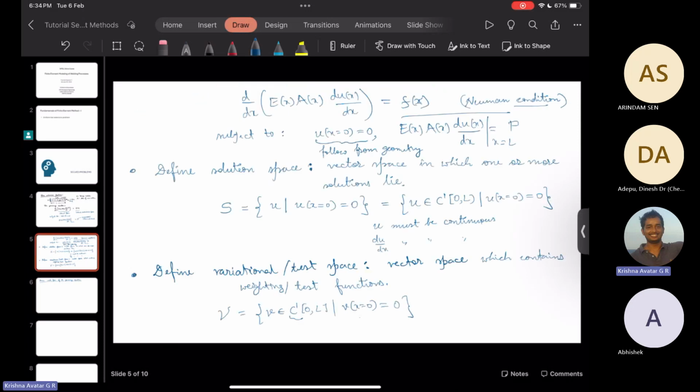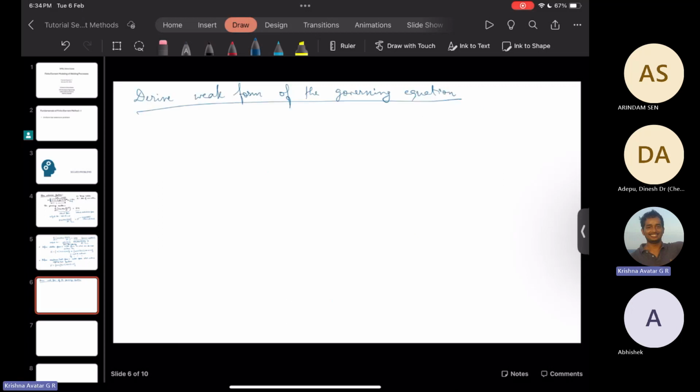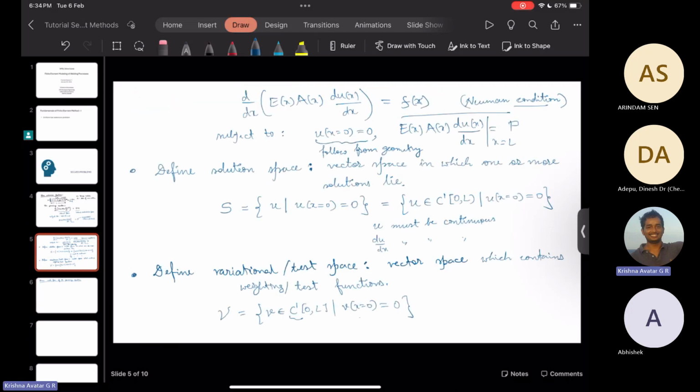Now, what do we mean by weak form? Since there is something known as a weak form, from a logical perspective there must be something called a strong form, right? So this is what we call the strong form. Now the question arises, what do you mean by strong form?